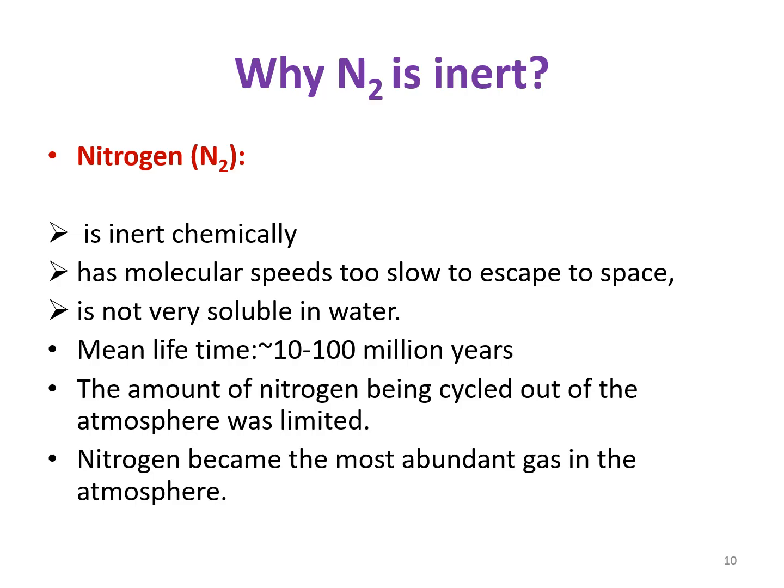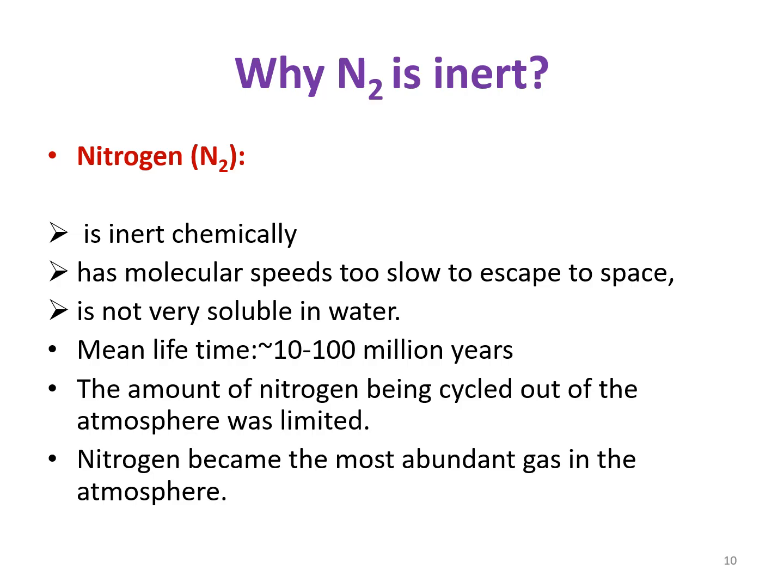Nitrogen is chemically inert, has molecular speeds too slow to escape to space, and is not very soluble in water. As we have discussed, the mean lifetime is roughly around 10 to 100 million years. Nitrogen is the most abundant gas in the atmosphere, comprising about 78%, because it is relatively unreactive and it has been released from the atmosphere over a long period, primarily through volcanic activity and the decay of organic matter.